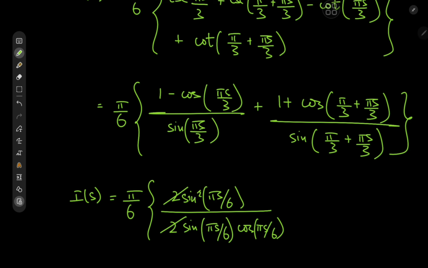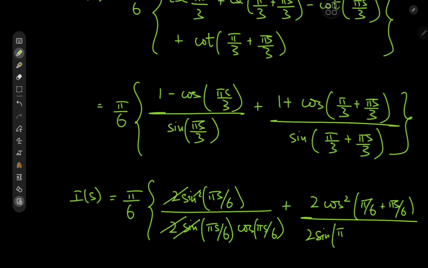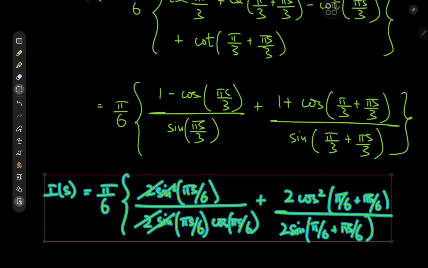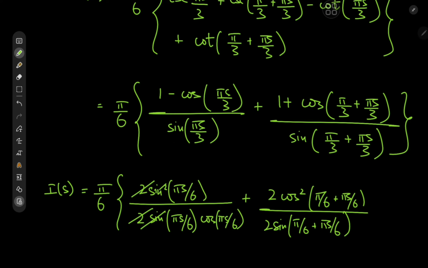The 2's go away. 1 sine term goes away. Then we have 1 plus cosine is, of course, 2 times the squared cosine of, again, half the angle. So we have pi by 6 plus pi s by 6 divided by, again, 2 times sine of pi by 6 plus pi s by 6, times the cosine of pi by 6 plus pi s by 6.